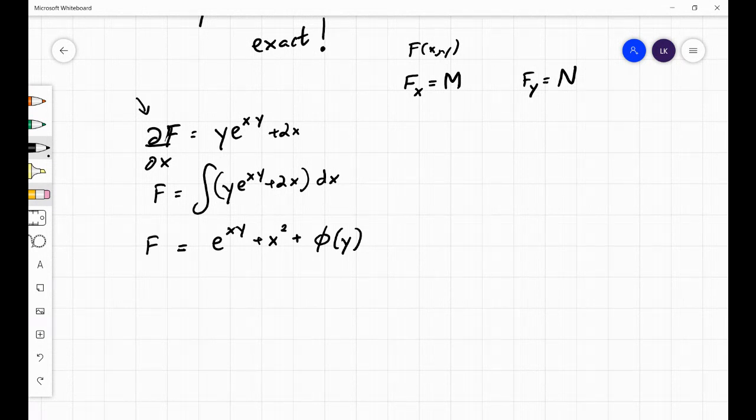Okay, but we also want to take advantage of this information. So we want the partial derivative of f with respect to y. Okay, I'm going to write phi prime because we have a function of just y, so the prime implies a derivative with respect to y, and we set it equal to n. Let's see what n is.